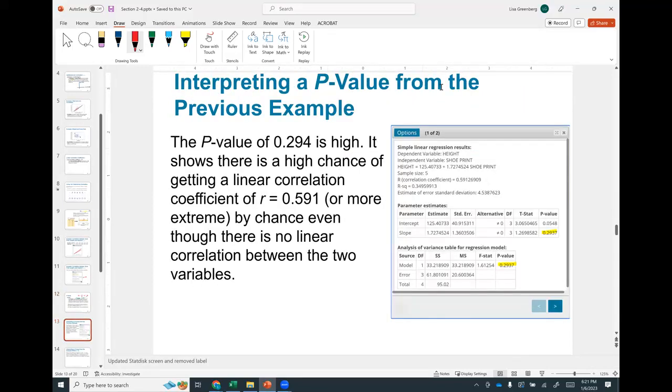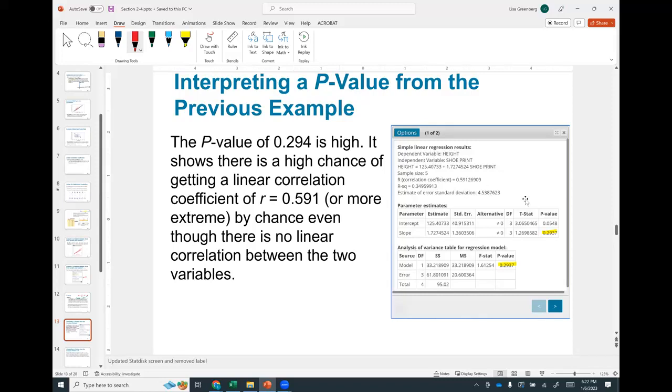So interpreting a p-value from the previous example, the p-value of 0.294 is high. It shows there is a chance of getting a linear correlation coefficient of R equals 0.591 or more extreme, meaning it could be even a bigger R by chance.